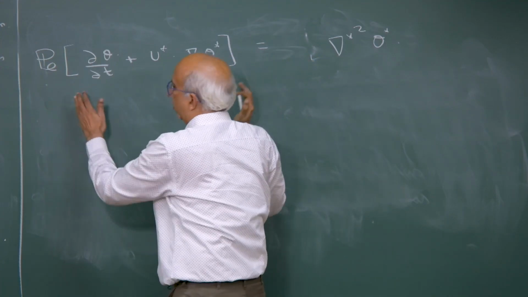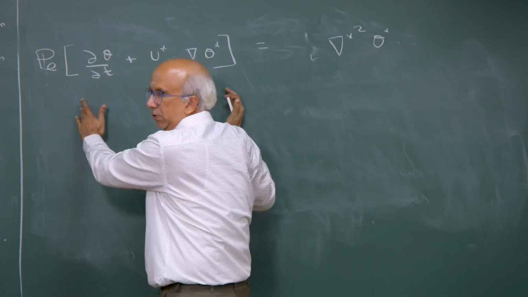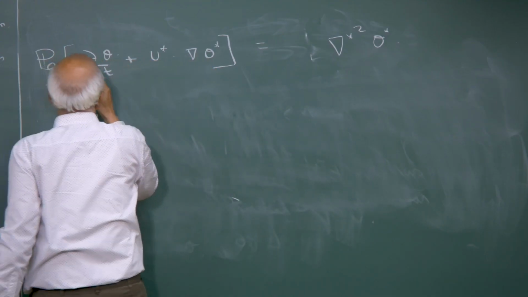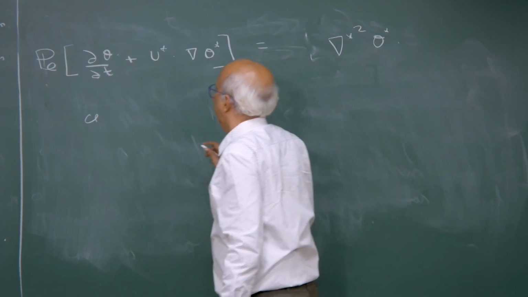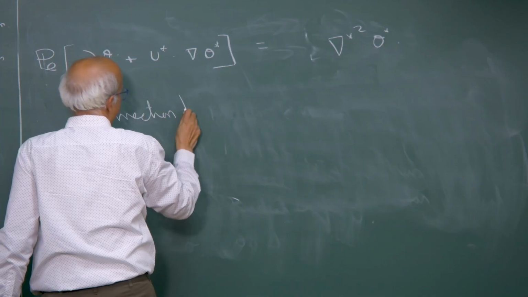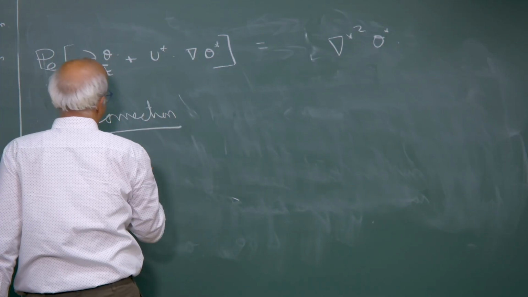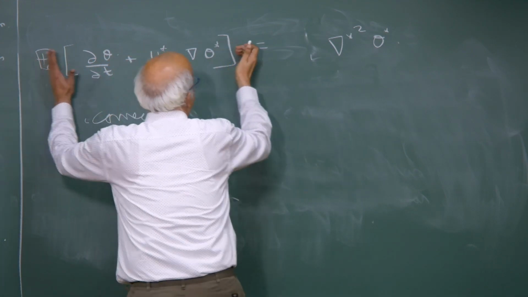The way you have to think about it is that the left hand side is the convective term and the right hand side is the conductive term. So convection divided by conduction is this divided by this.